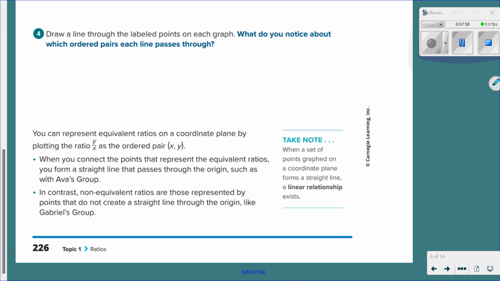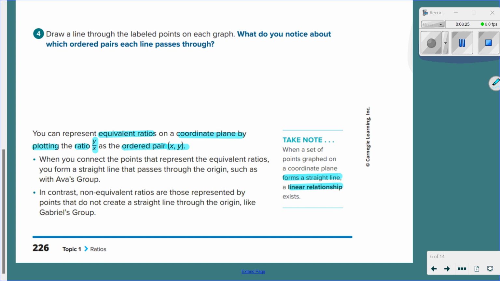So we can represent equivalent ratios on a coordinate plane by plotting the ratio y to x as the ordered pair x comma y. Here's one of your math definitions. Linear relationship is if it forms a straight line. So when you plot the points, if it forms a straight line, that is what we call a linear relationship.